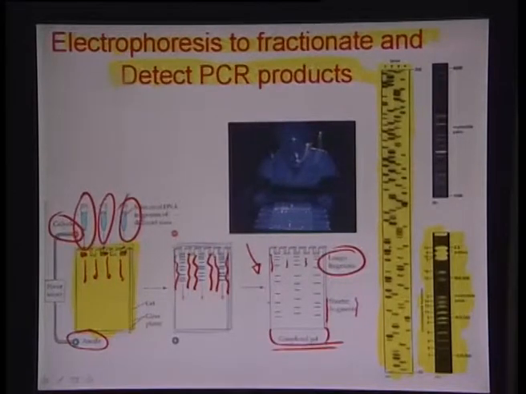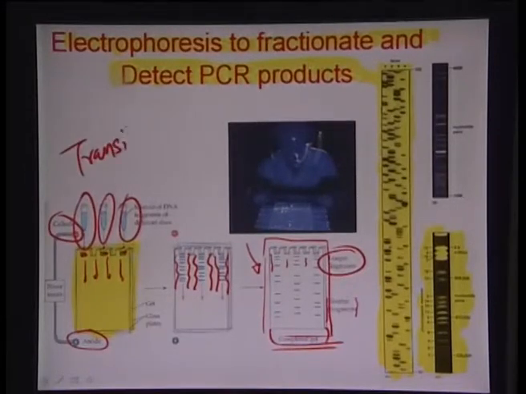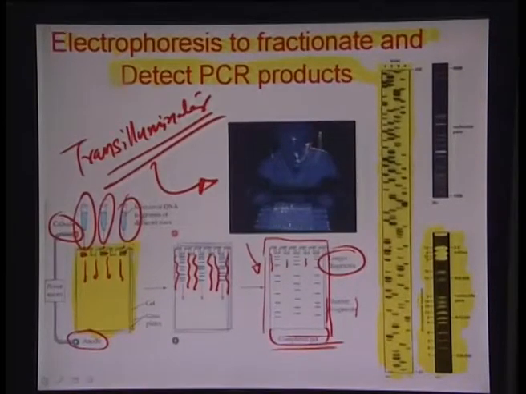You put this gel material over something called a transilluminator. So this is nothing but a source of UV light with a few tubes which would contain either a biwavelength or a monowavelength ultraviolet light being generated.